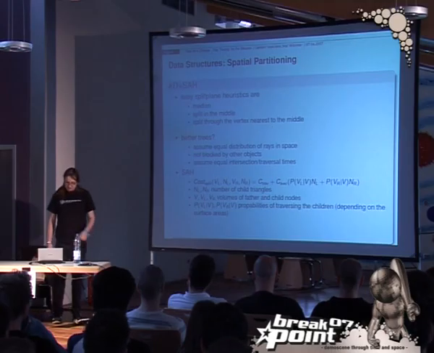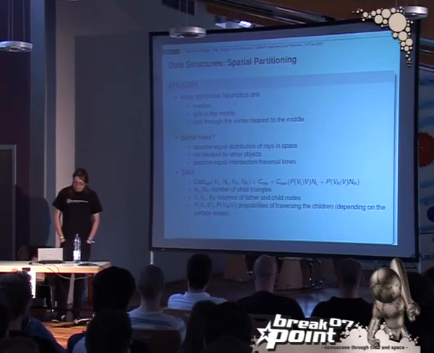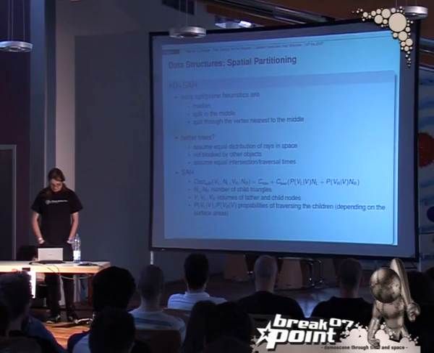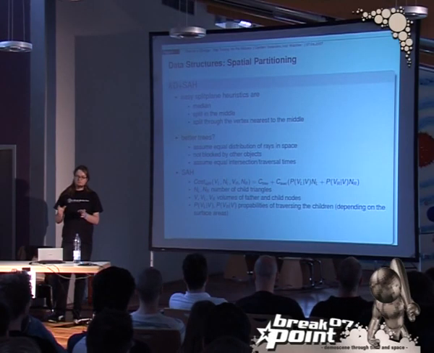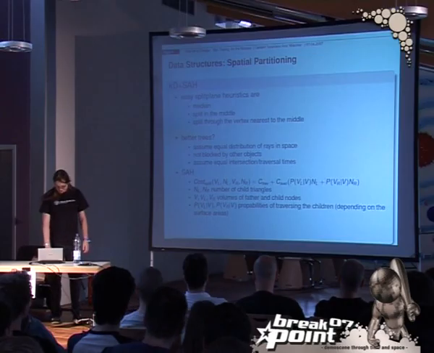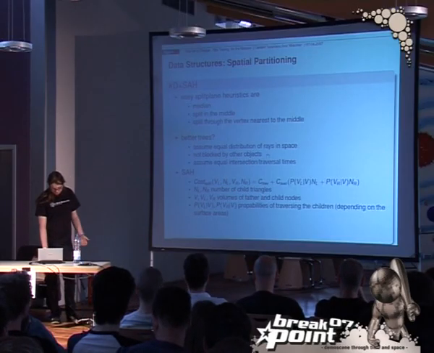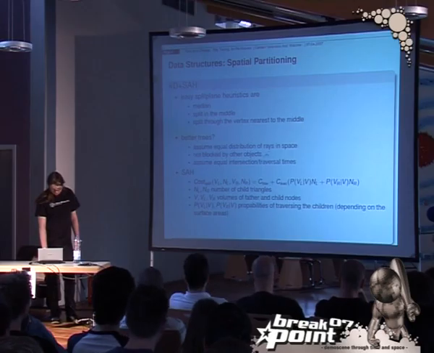But are there better trees? Of course, but we have to make some assumptions. First we assume that the rays we will shoot later on are equally distributed in space, which is also not really the best assumption, but we have to do it to make some formulas.